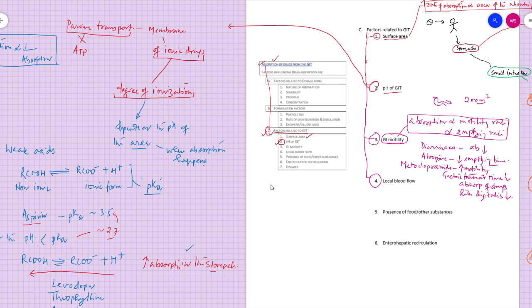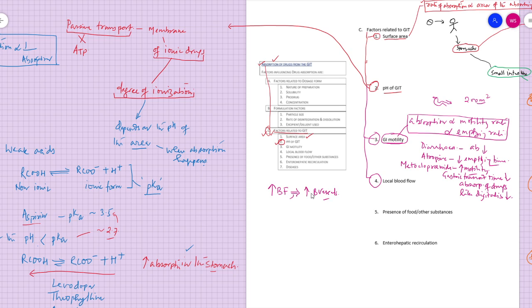In this aspect, we need to understand the rule of thumb: wherever there is increased blood flow within the GIT, it would imply an increased number of blood vessels.